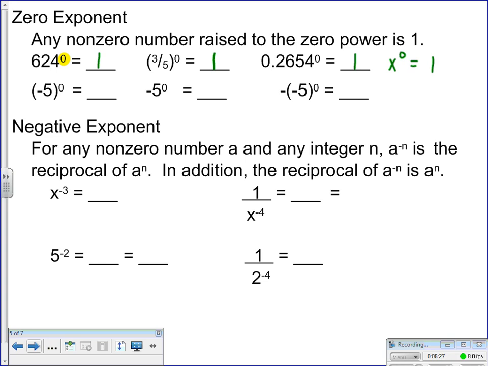Now, as long as there's parentheses around the negative number, then it too will turn into a 1. However, if there's not parentheses, the 0 will only turn the 5 into 1, leaving the negative sign. So you will get negative 1.